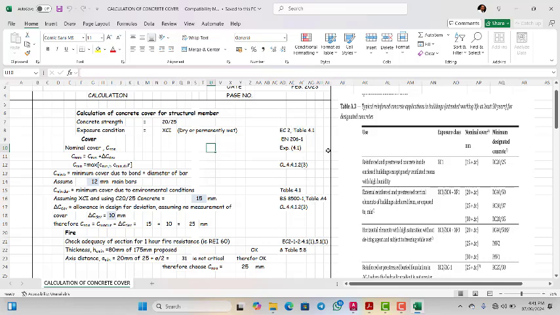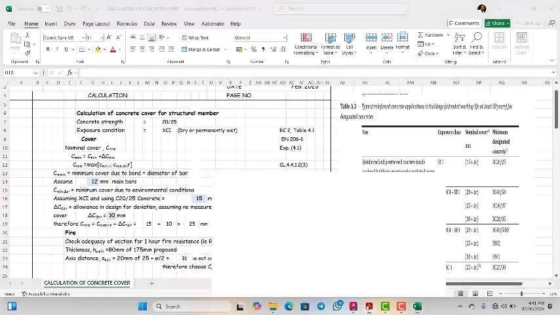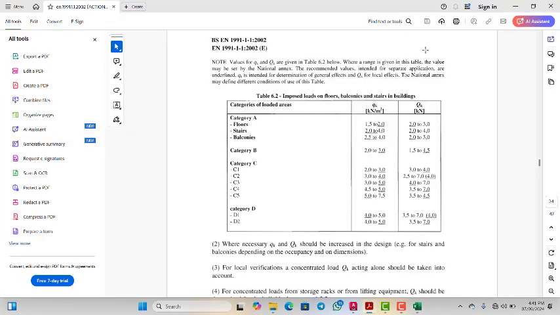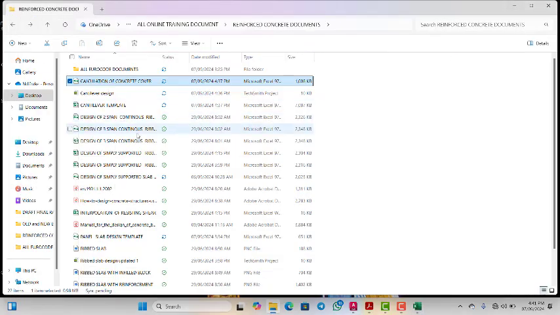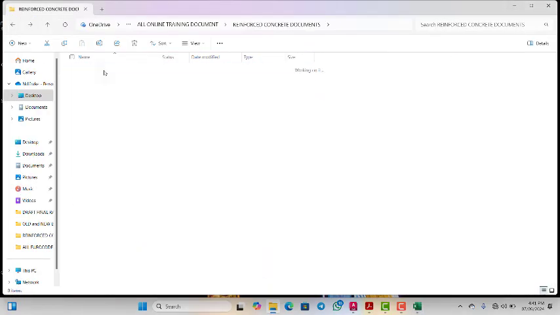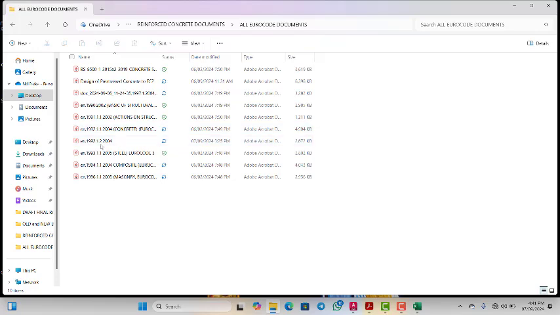So let's quickly go to Eurocode 2 and see some of the conditions that have been listed out.